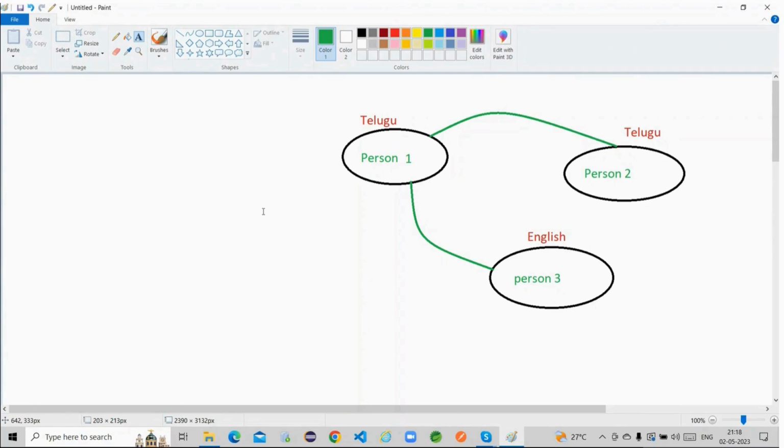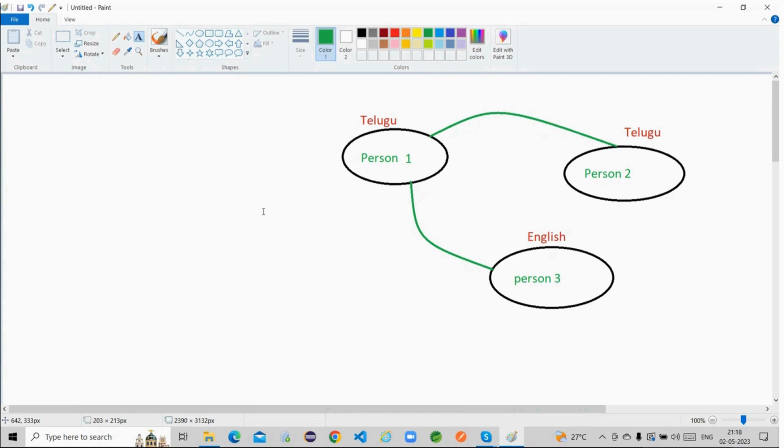It's not possible. Why? He doesn't know the Telugu language. So he doesn't understand what this first person says, because those are Telugu words, and they are not understandable to this third person.